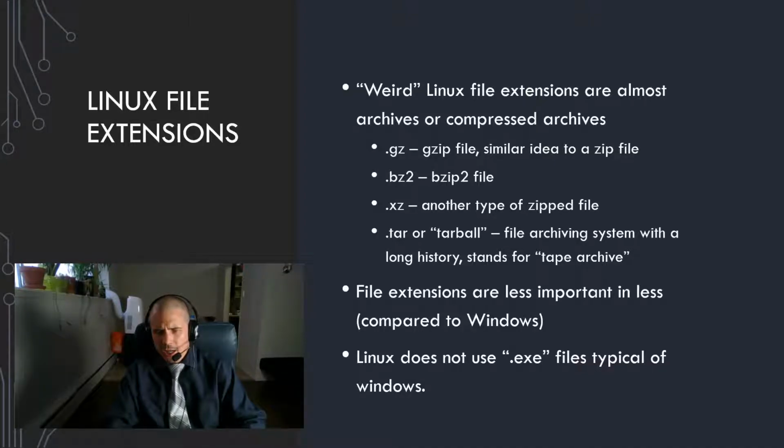They're an archive of compressed files. So you're putting a whole bunch of files together and you're compressing them. Similar to WinZip or WinRAR on Windows, except Linux kind of has its own compression systems. Tar in particular, I remember thinking was a really weird one, but it just stands for tape archive. So it's got a long history from back in the day when tapes were more popular for storage.